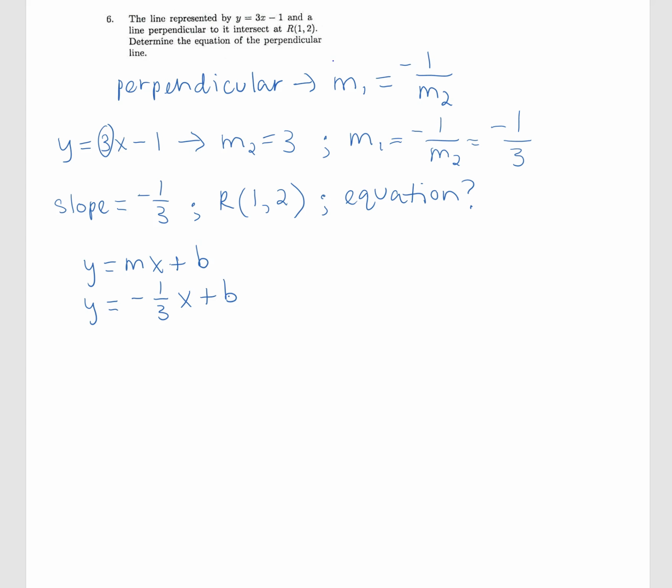So now we just need to find b, and we can do this by plugging in our values for x and y for the point we've been given. So I'm going to plug in y equals 2 here. And when y equals 2, x should equal 1, given by that point R. So now all we have to do is solve for b.